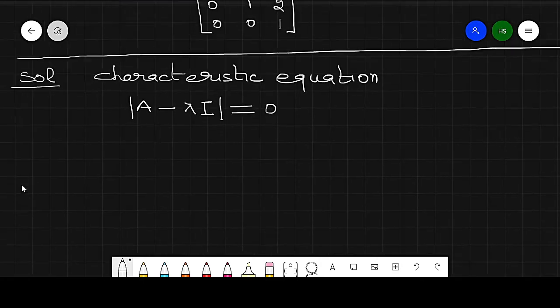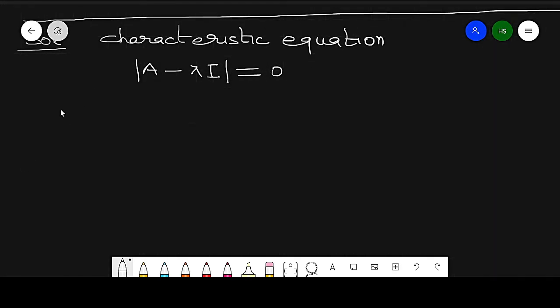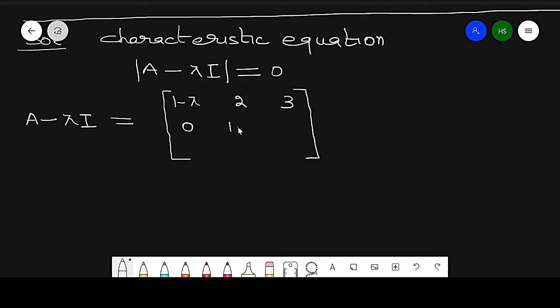So from this what we get? A minus lambda I is a matrix of this kind: 1 minus lambda, 2, 3; 0, 1 minus lambda, 2; 0, 0, 1 minus lambda.